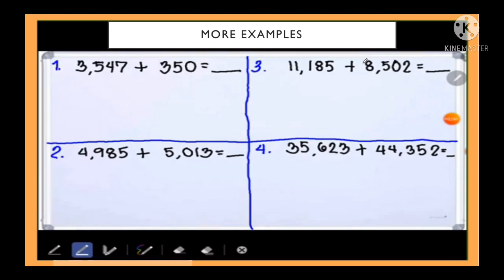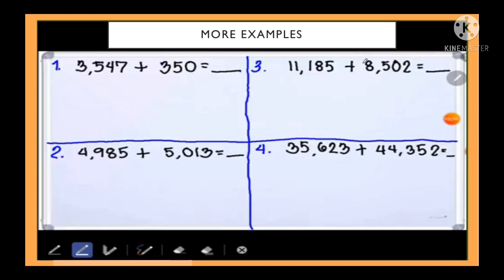That is greater than 10. So, that is with regrouping. But here, we will just do without regrouping. So, our answers in each digit are only from 0 to 9. Alright? Now, let us try to answer each number here.